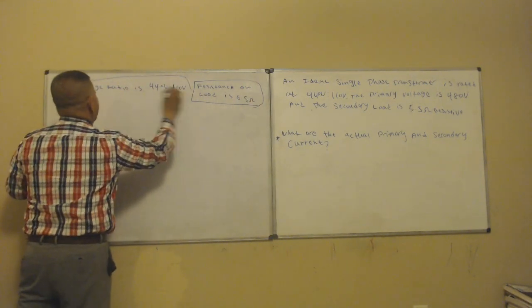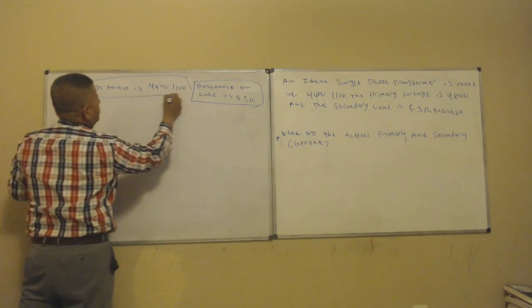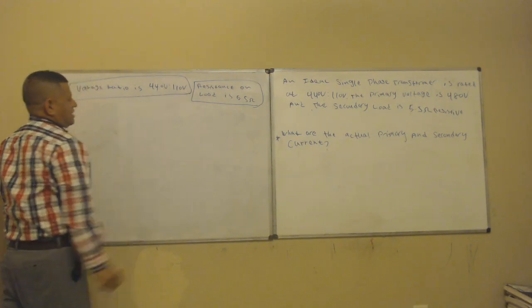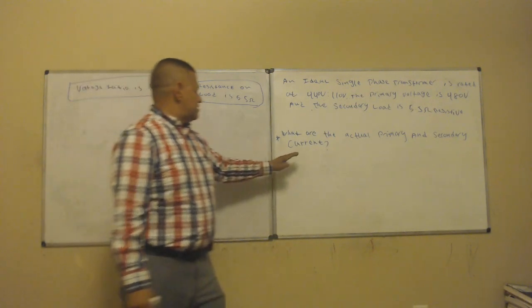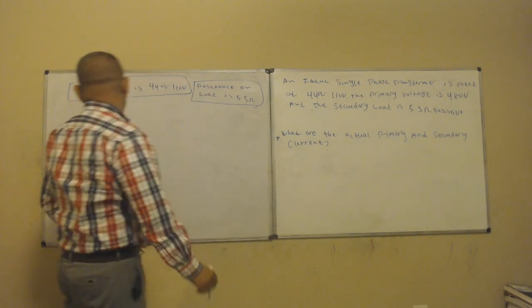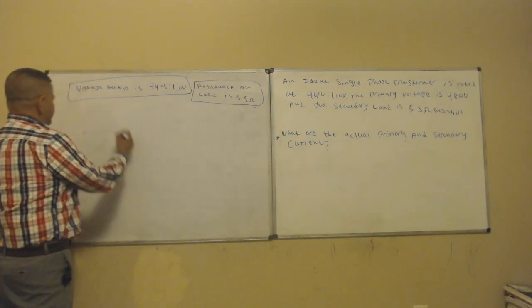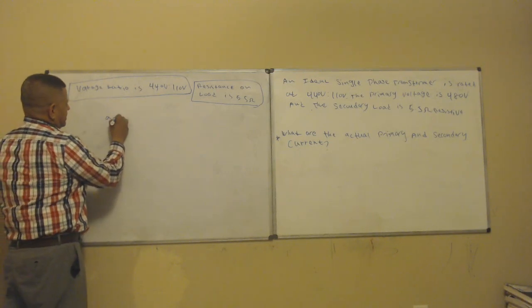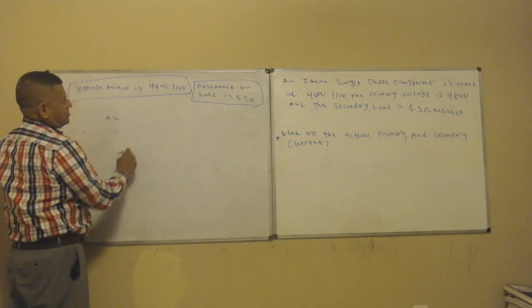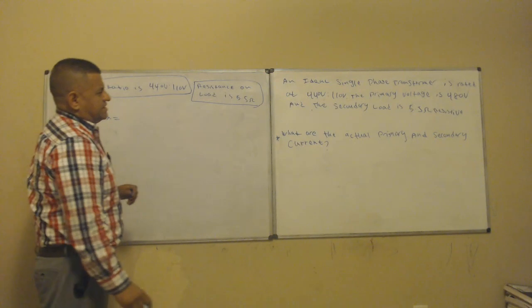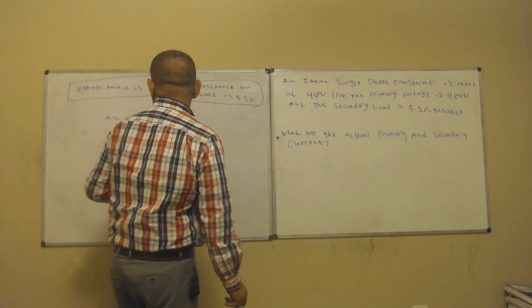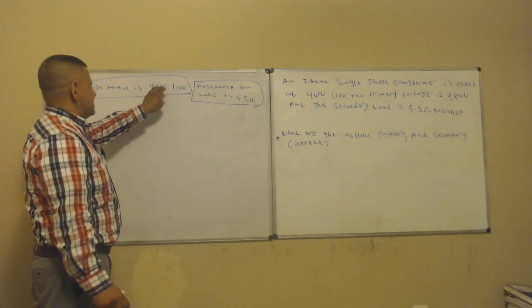Now, what we don't know is the current, right? So what we can do is find a. A is equal to the ratio, as it is here.